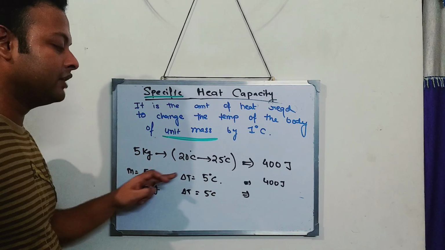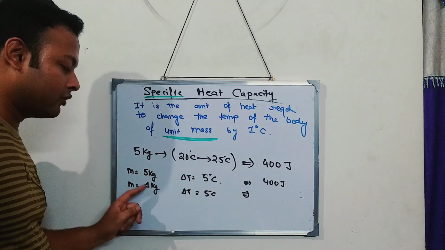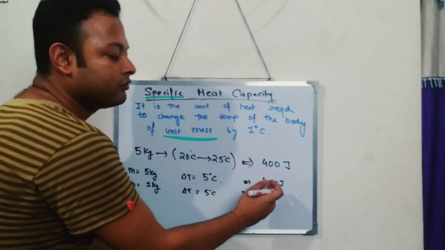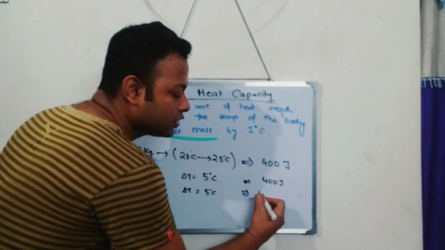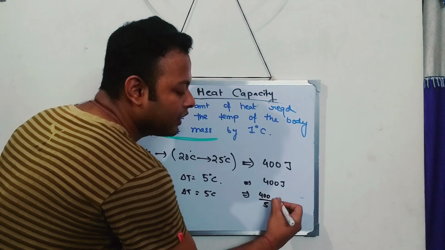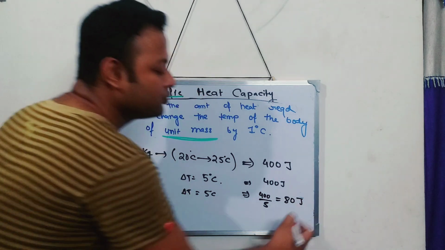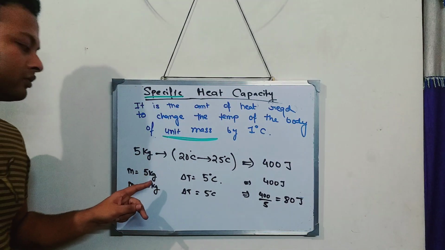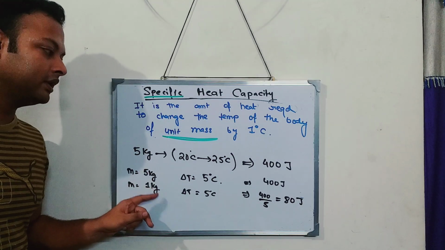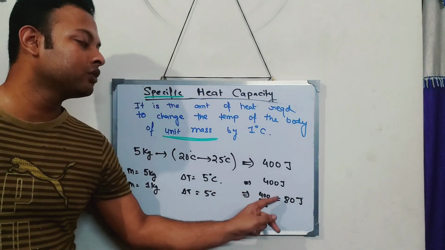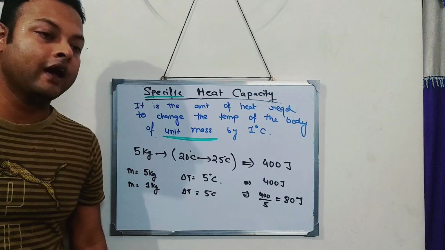For 5 kg, 5 degrees, it requires 400, but for 1 kg, 5 degrees, it will require 400 by 5, which is equal to 80 joule. So if the mass of the body changes from 5 kg to 1 kg, the amount of heat required also changes from 400 to 80.